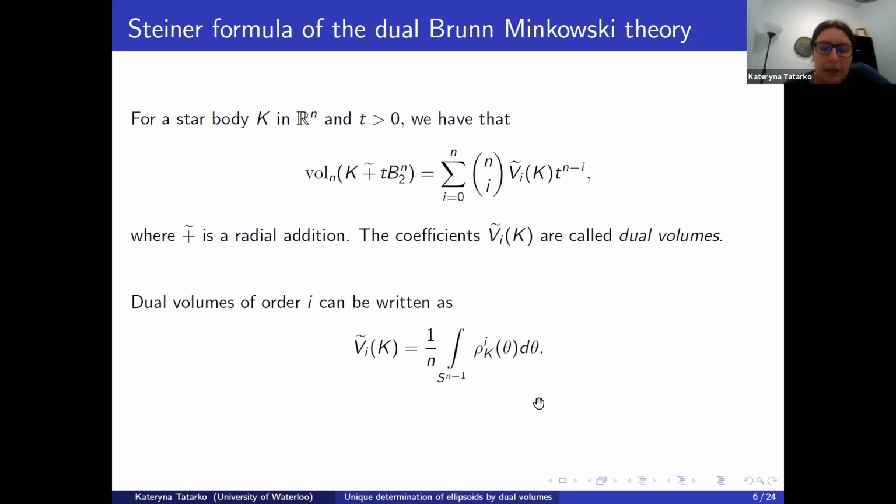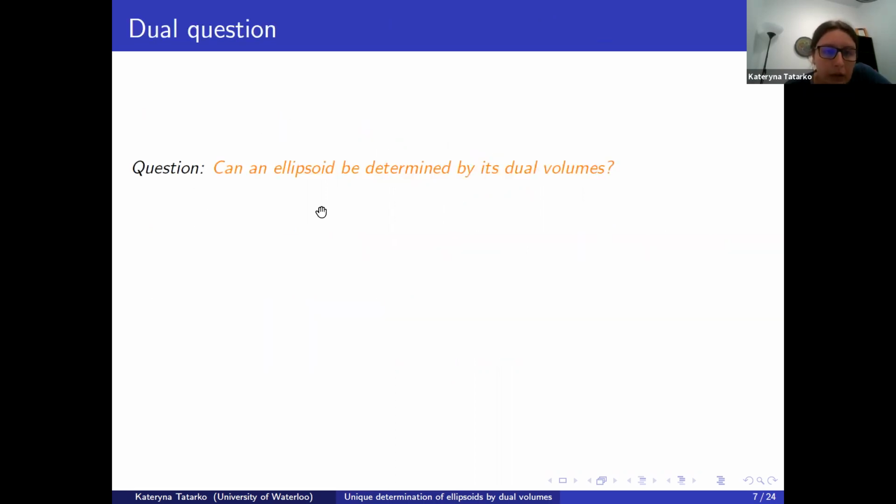Okay, so by analogy with the classical case, the dual Steiner formula gives me the correspondence: for each star body K, I get the sequence of dual volumes. I can ask similar questions. Can I say something about the body K based on the sequence of dual volumes? Now we will not be looking among all star bodies, but will focus on the family of ellipsoids.